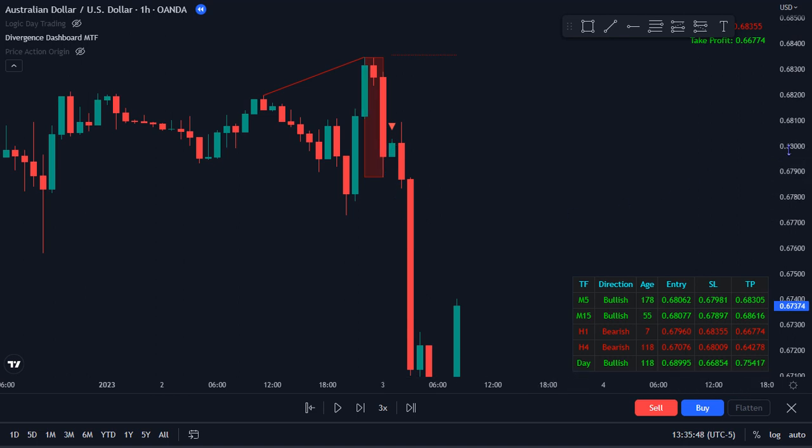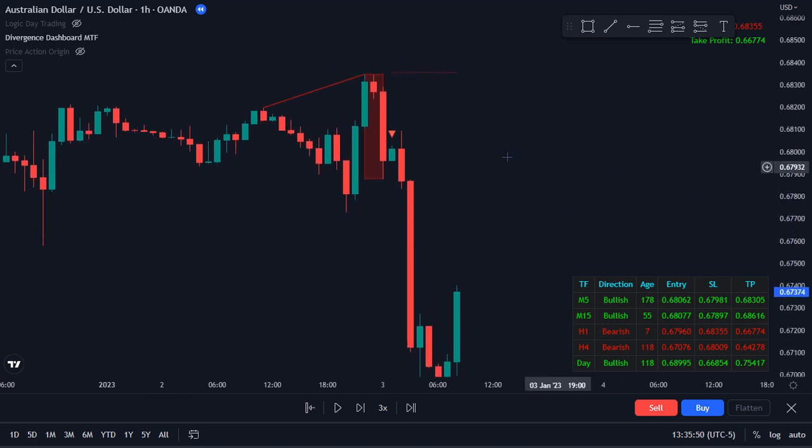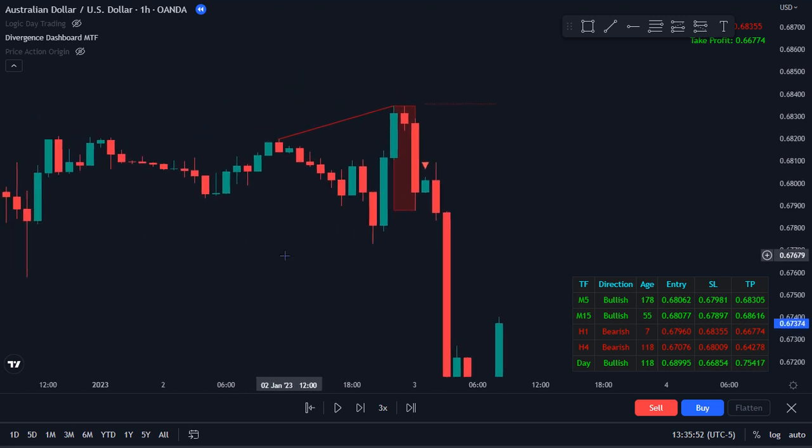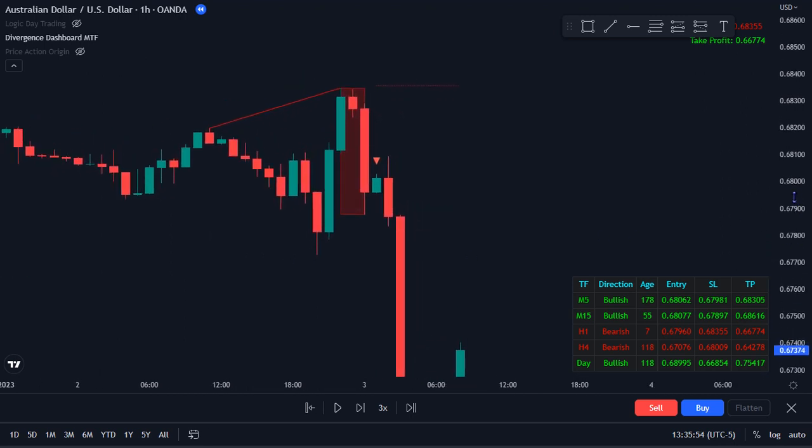Of course, we do have this big drop down after it finds it, but the concept I wanted to explain is what is a real high or real low. With divergence, you can have whatever oscillator you have on the bottom. I don't have one on because I don't need it with this indicator.